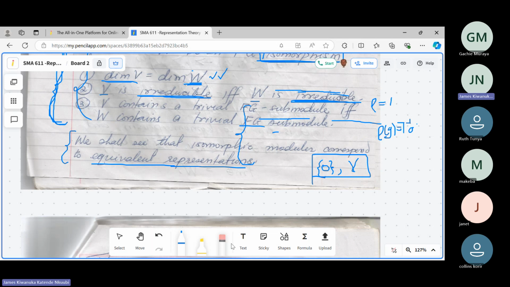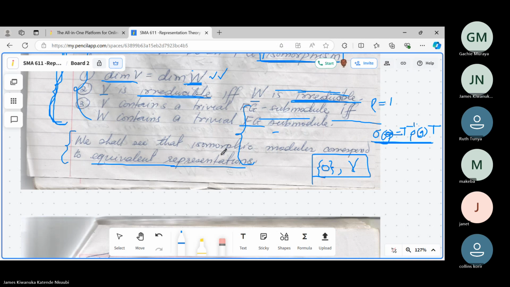We said rho is equivalent to sigma if sigma can be written as follows: the image of G under sigma should be the same as some invertible matrix T inverse multiplied by the image of G under rho, and so this is what we saw in the earlier lectures, the equivalence of two representations.